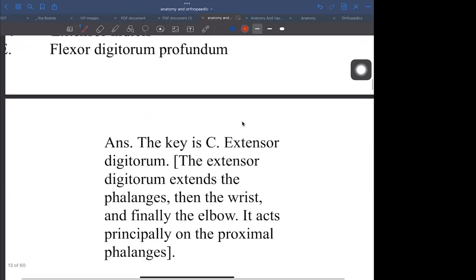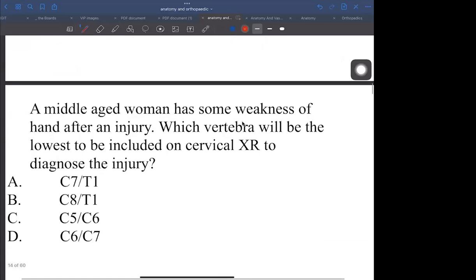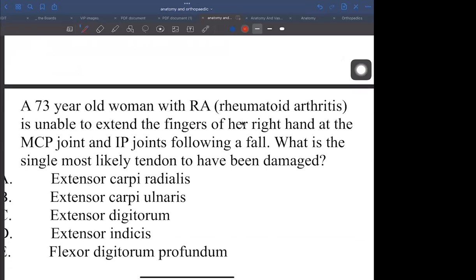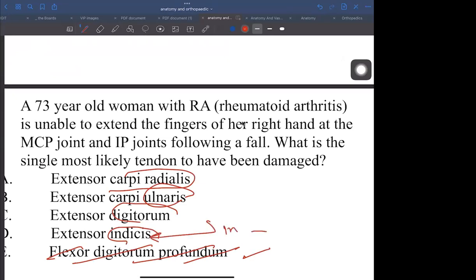Okay, yeah, you can read it. So she can't extend. What's difficult about that? She can't extend, so that means the extensors are not working. So the flexor is very less likely. If the flexor digitorum is affected, she won't be able to flex. That's why it's called the flexor. So the question is, is it extensor carpi radialis or ulnaris or digitorum or indicis? The indicis one is about the index finger, right?